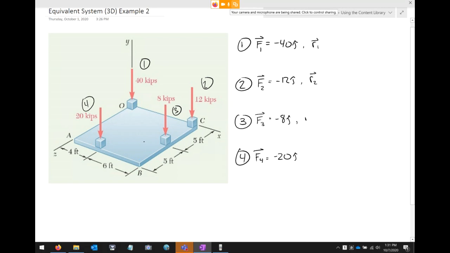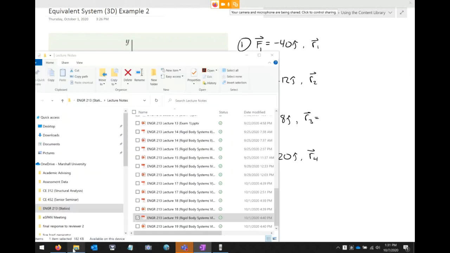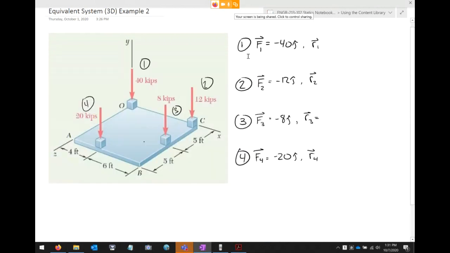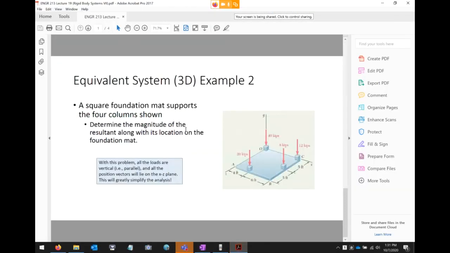All right, we also need to determine position vectors. Okay, now let's make sure that we're going off of the problem statement. So give me 1 second. I'll pull up the lecture notes here so I don't have to stop the share and start it back over.